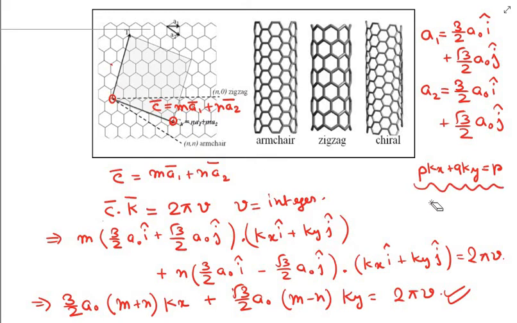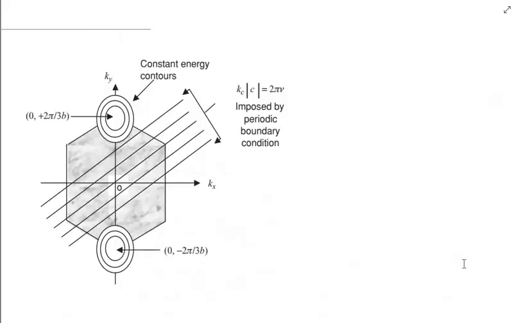What is this equation? This is the equation of a straight line, and because v is not confined to any particular value and can be any integer 1, 2, 3, 4 etc., we get a straight line in the kx ky plane for each value of v. Let us say that this is our Brillouin zone for graphene, and for each value of v I get a straight line like this.